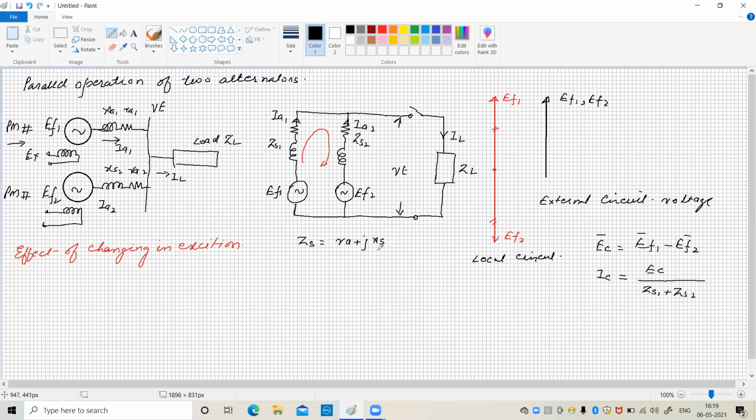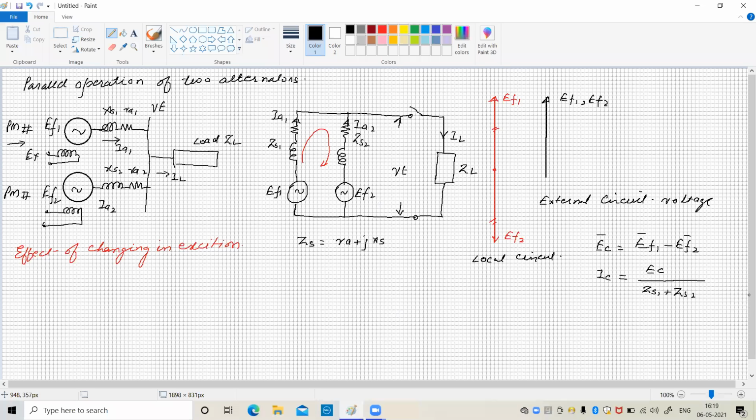The synchronous reactance value is large as compared to the resistance, isn't it? If the resistance is ignored, the circuit is dominantly inductive. It means the circuit comprises only inductance, and when the circuit comprises inductance, the current circulating is lagging by 90 degrees. Okay, so now we will take an example.